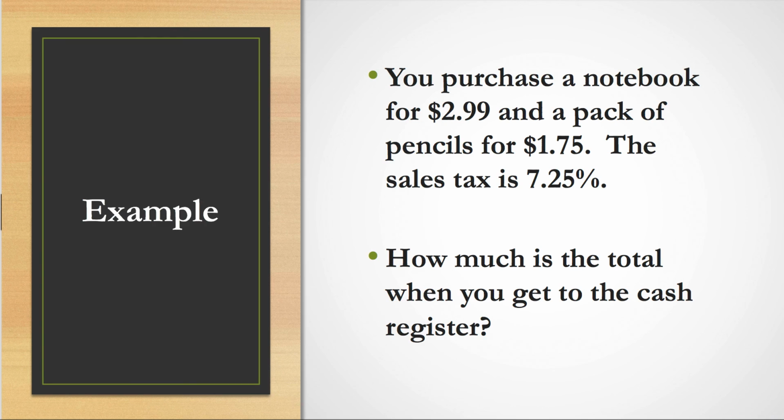The first thing I need to do is figure out how much it is going to cost before tax. I'm buying a notebook for $2.99 and a pack of pencils for $1.75. So the total for just my items, adding this on my calculator, is $4.74.